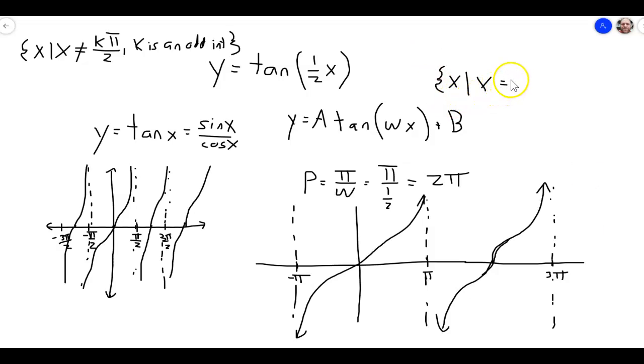So this one we can just write k times pi, where k is an odd integer. Something like this would be fine.